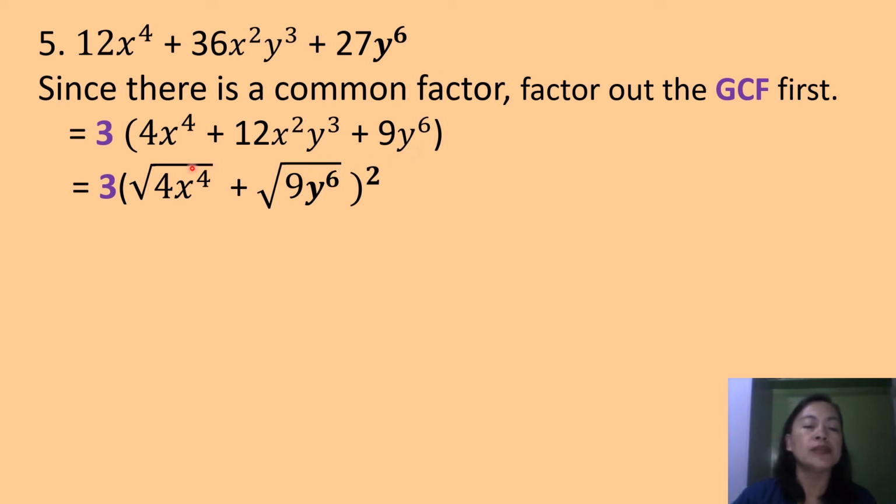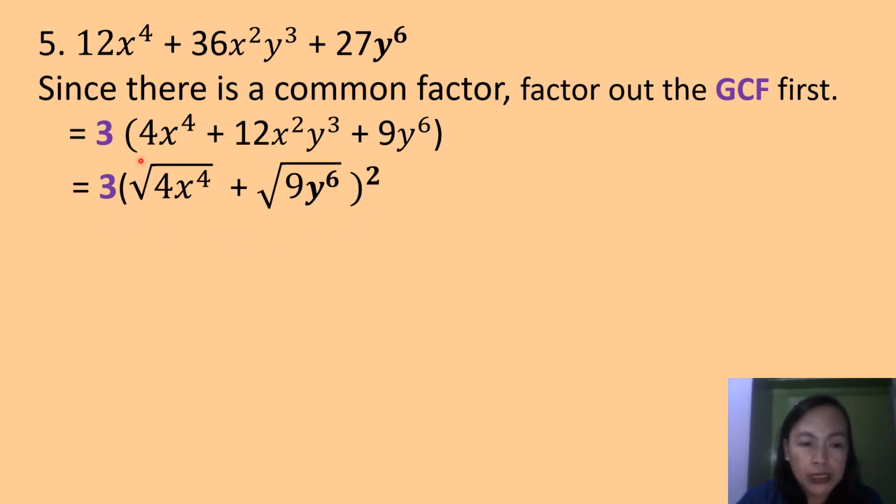Okay, let's simplify or continue to factor. We bring down the 3. This 3 remains there. Parang gwardiya na yan dyan. Hindi na yan maaalis. Huwag lilipat. Hindi na yan lalagay kahit saan. Dyan lang yan. Okay? That's the GCF.